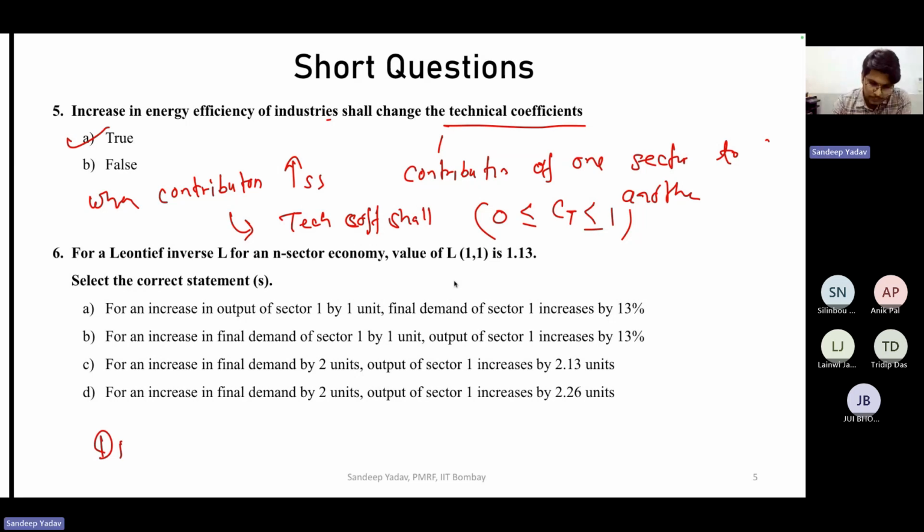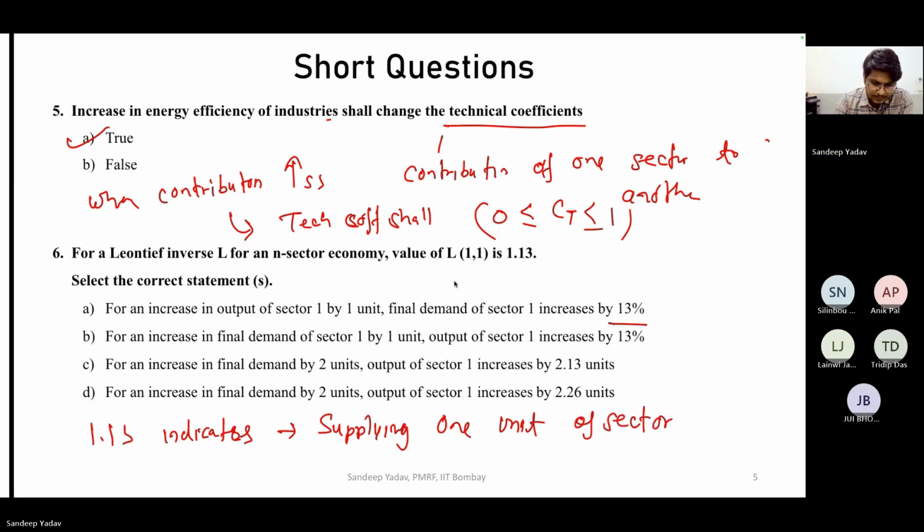So here 1.13 indicates that supplying 1 unit of sector 1, the total output of sector 1 should increase by 13%.